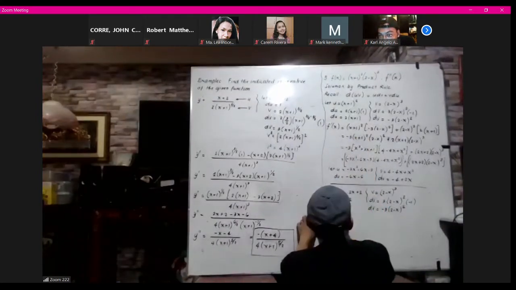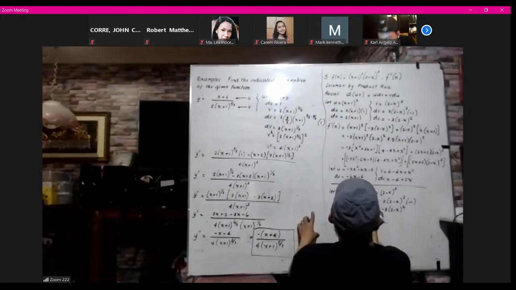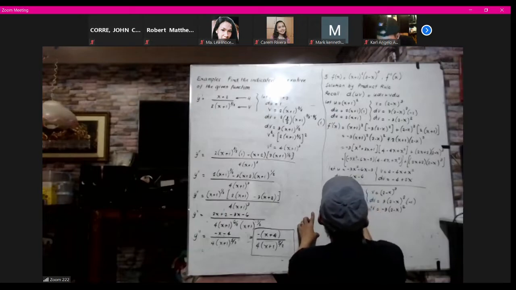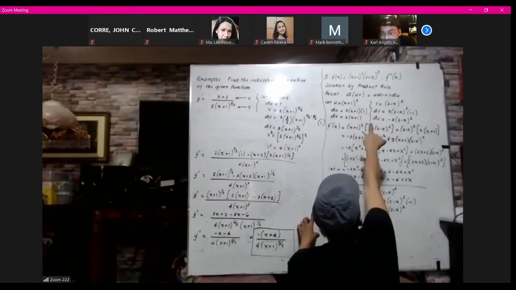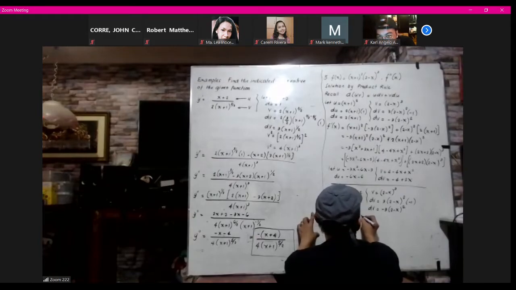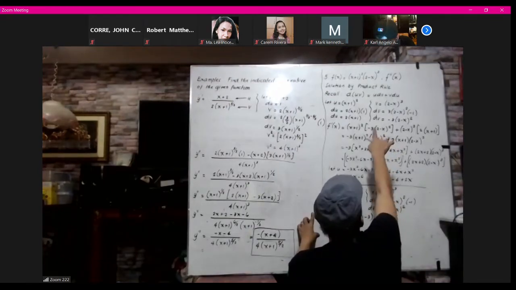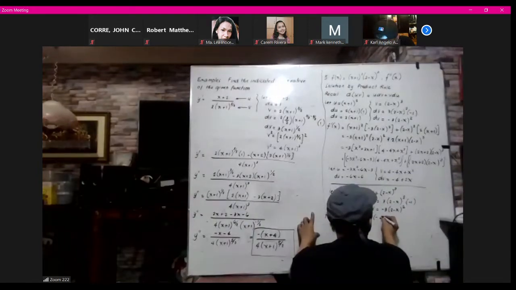Okay? From the formula. So we have nakuha na natin yon. So, kukunin natin yung second derivative na niya. Okay, the second derivative of the function of x equals u. Anong u natin? That is equal to negative 3x squared minus 6x minus 3. Derivative of v. Anong derivative natin ng v? Ito, negative 4 plus 2x.